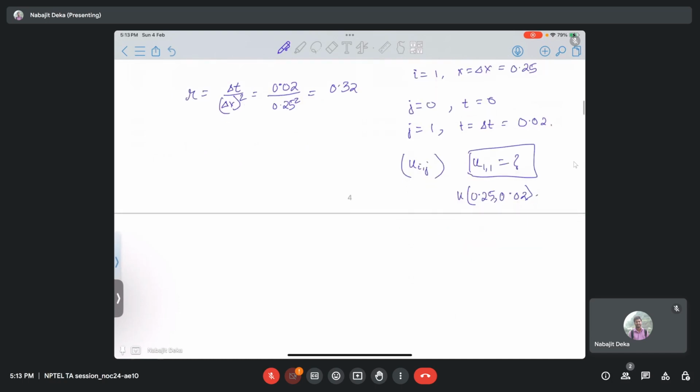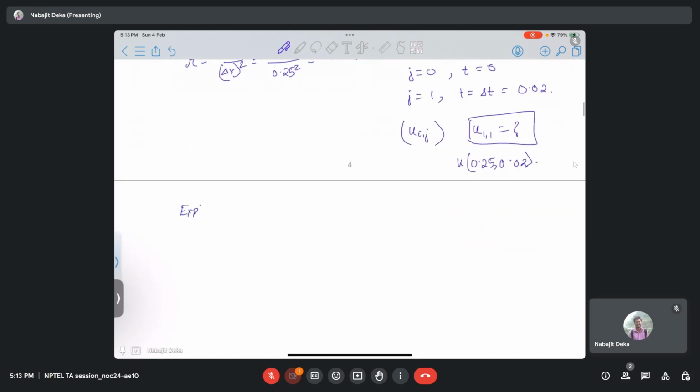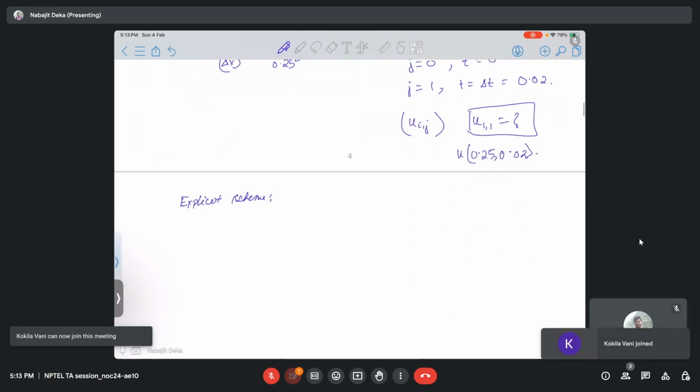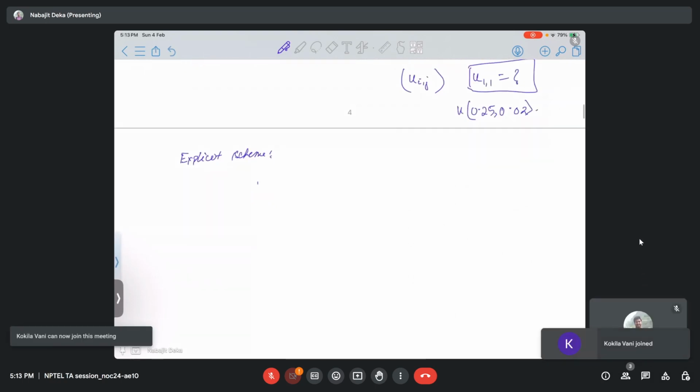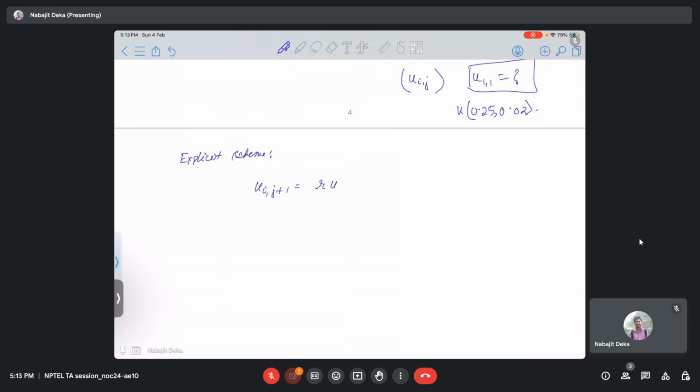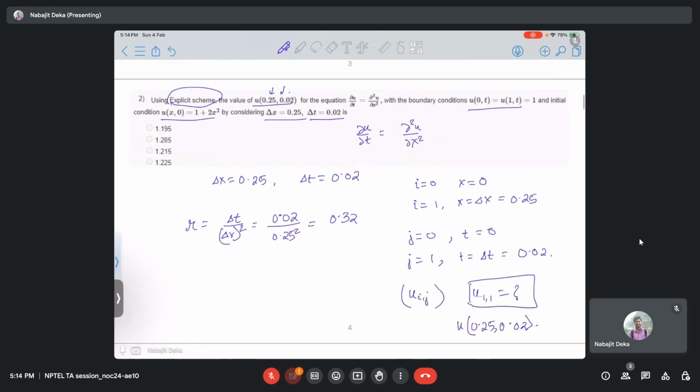So now the explicit scheme: u i comma j plus 1 equals r u i minus 1 comma j plus (1 minus 2r) u i comma j plus r u i plus 1 comma j.